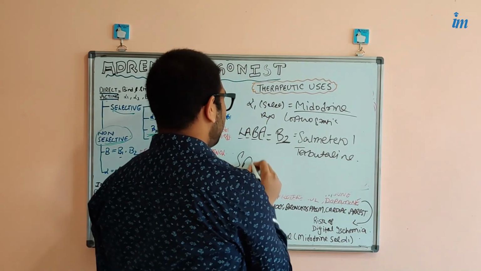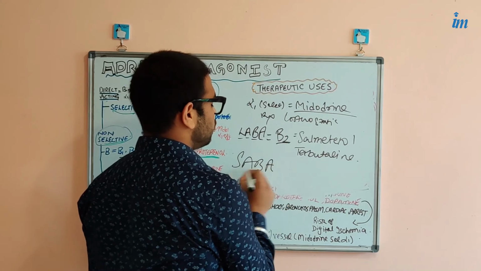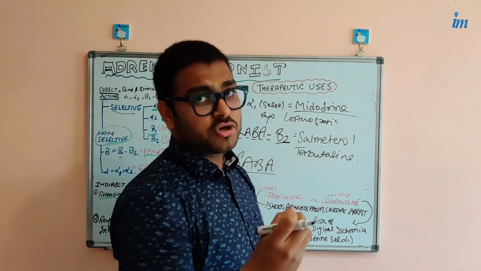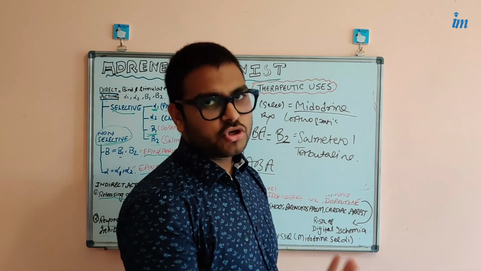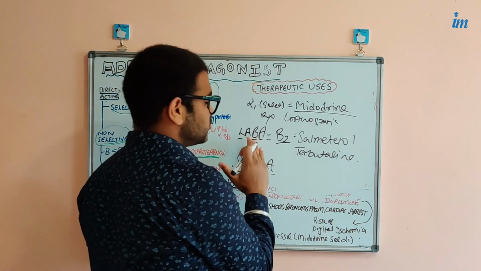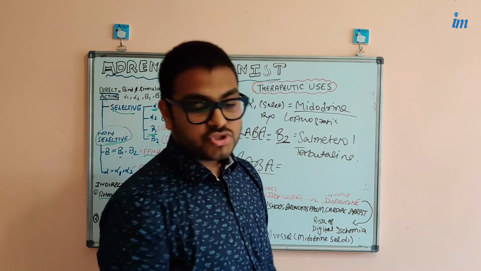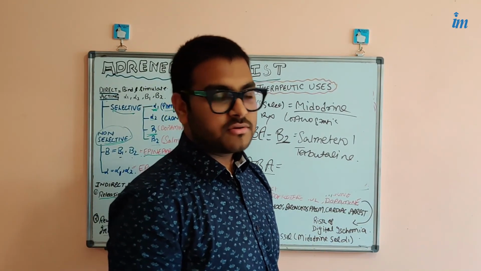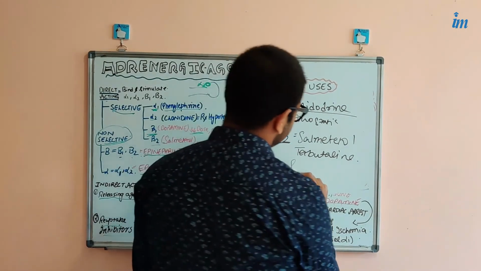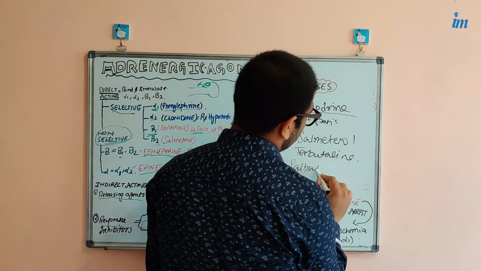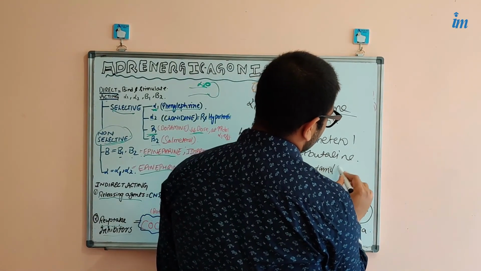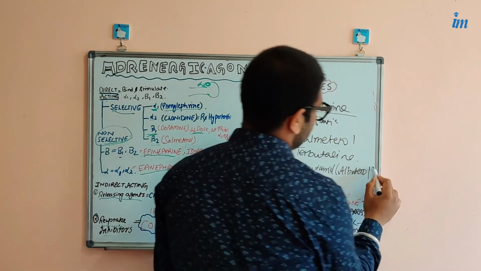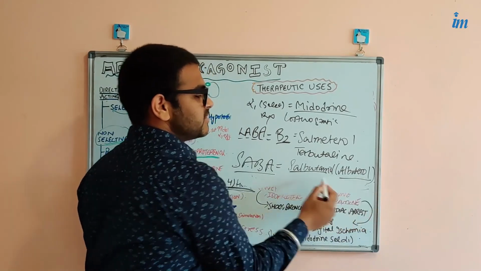Then the action of SABAs, short acting beta 2 agonists: the bronchus will be dilated for a short duration of time as compared to the LABAs. The most famous type of SABA, short acting beta 2 agonist, is salbutamol. We also call it albuterol.